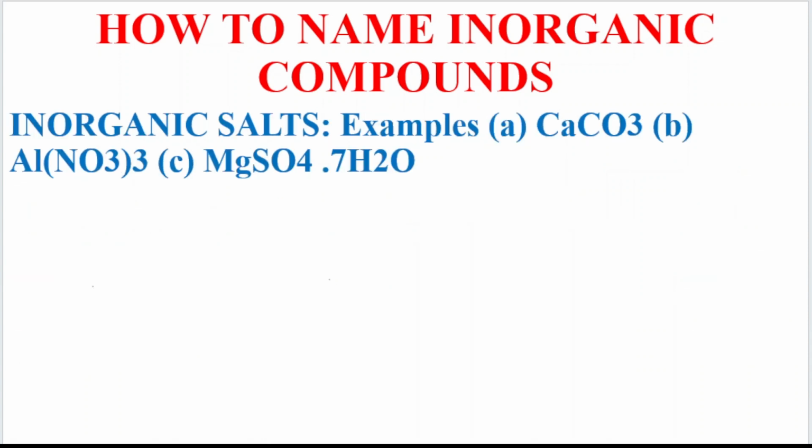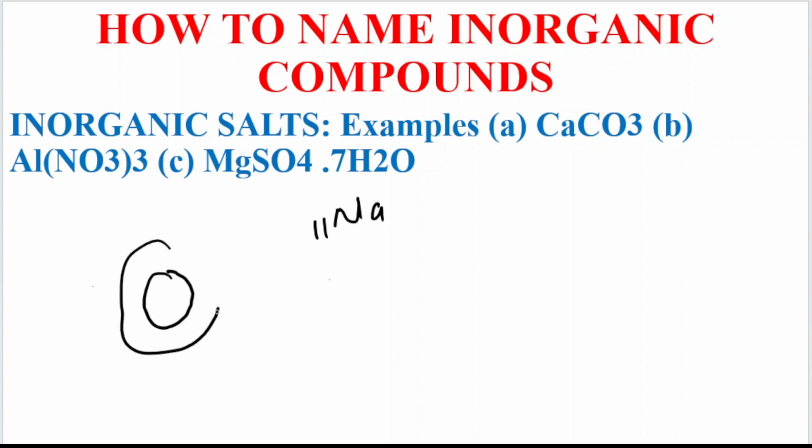We're given some salt to name. Before I go further, you need to know first of all how to calculate the charge of an element. Let's take an example. We have sodium with atomic number 11. How do we know the charge it has? We can use our shells to know.